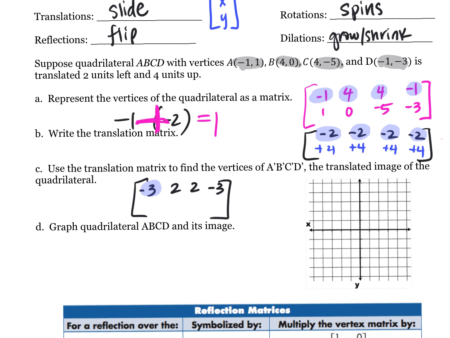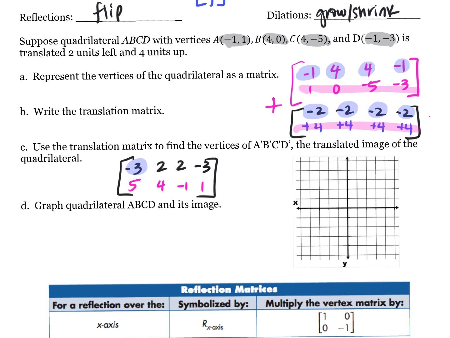Yeah. Okay, so what about the y's, you guys? What do I have to do to each of my y's? We've got to just add 4 to each of them. What do we get then? 5, 4, -1, 1.